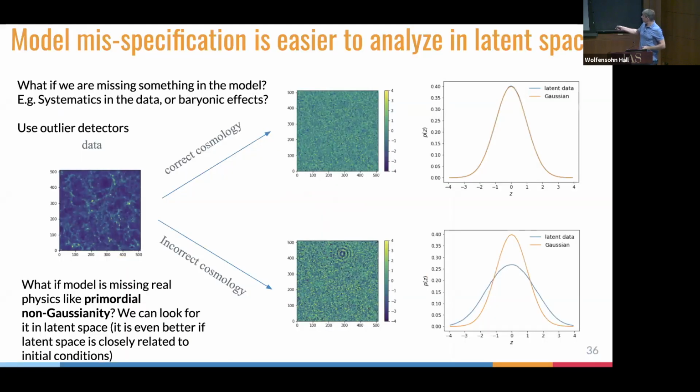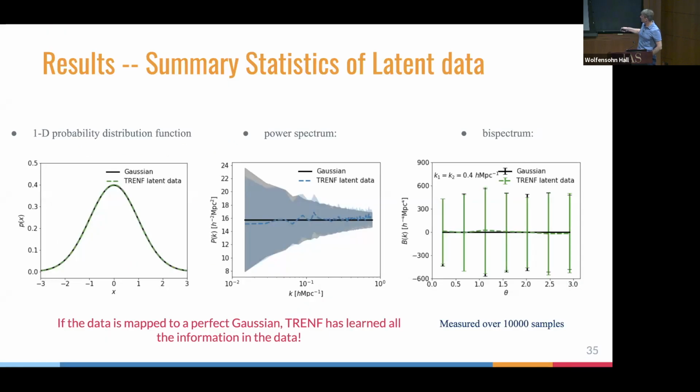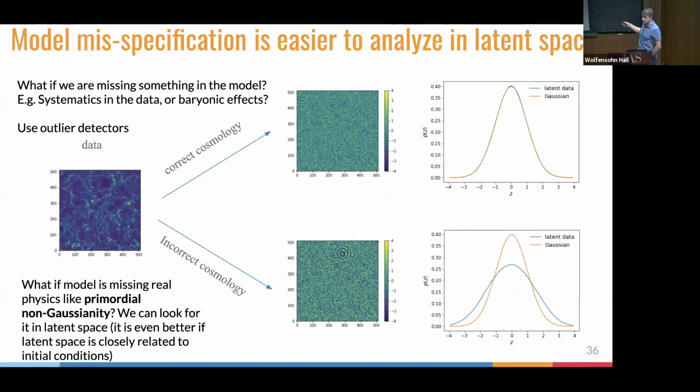because you can do summary statistics like these, right? You can just look at it visually. You can actually run your favorite adversarial network that will try to find something, right? So there are many tools at our disposal to try to see if this latent space is Gaussian.